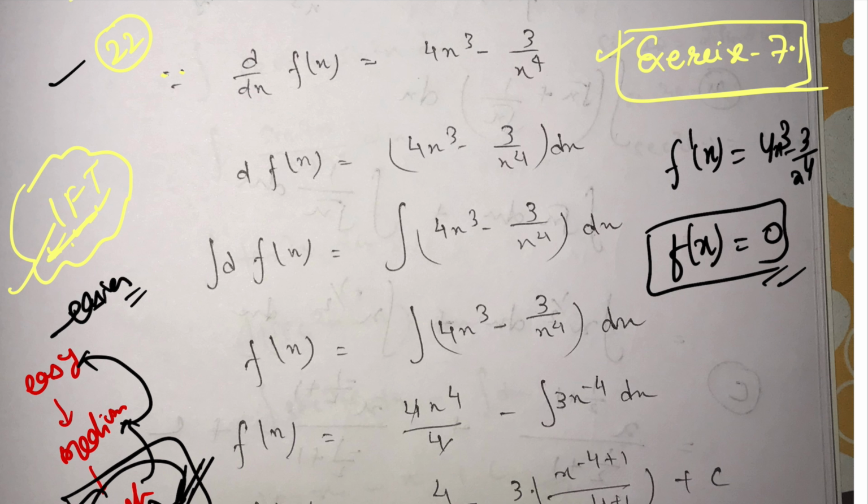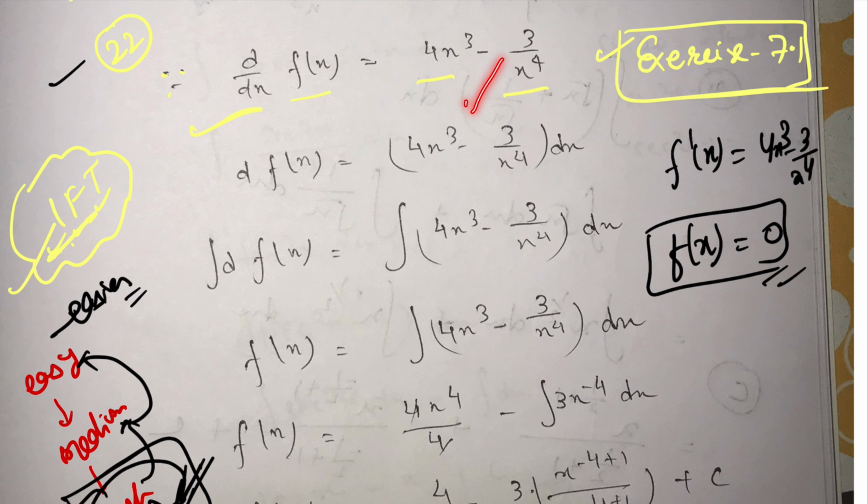Since we have dy by dx of fx equal to 4x cube minus 3 by x to the power 4, which is given already, what we do is cross multiplication. This dx will be multiplied to this portion. So here on this side we will have d of fx only, and this whole portion will be multiplied with dx.